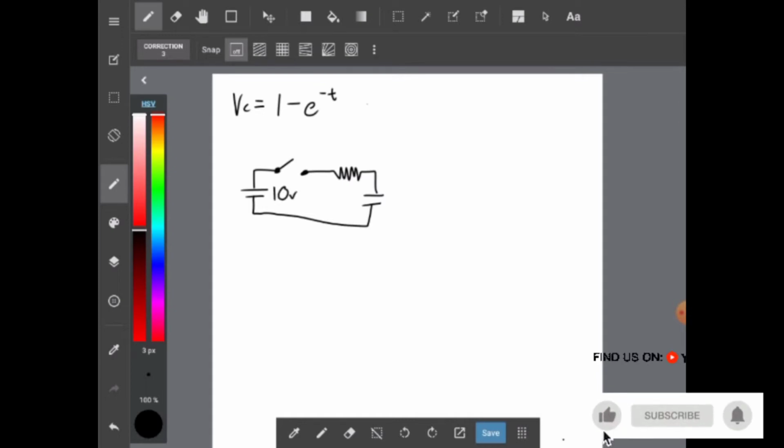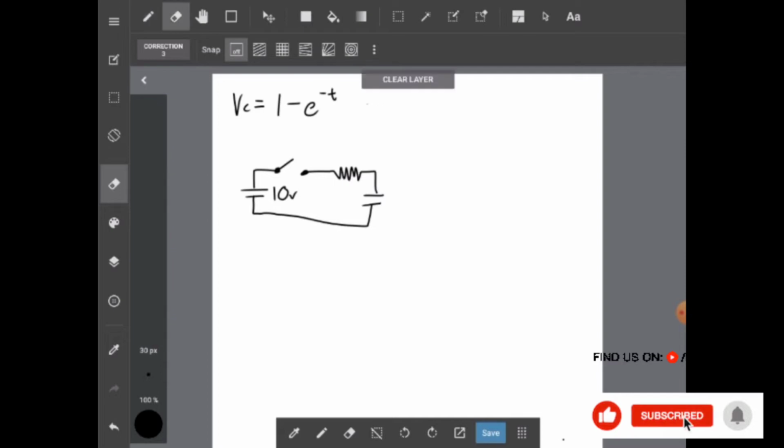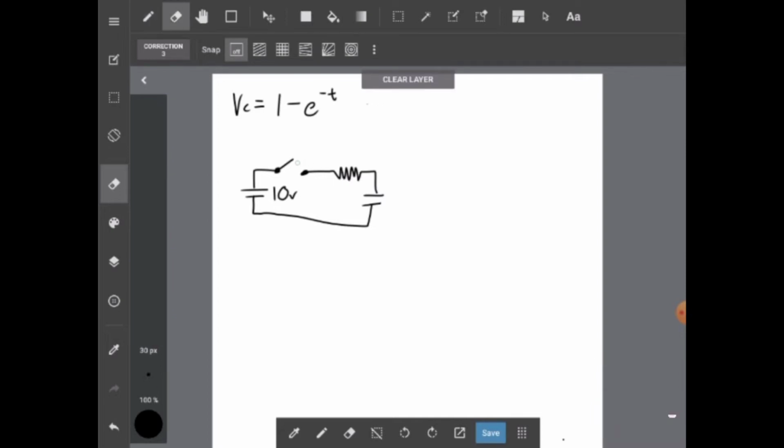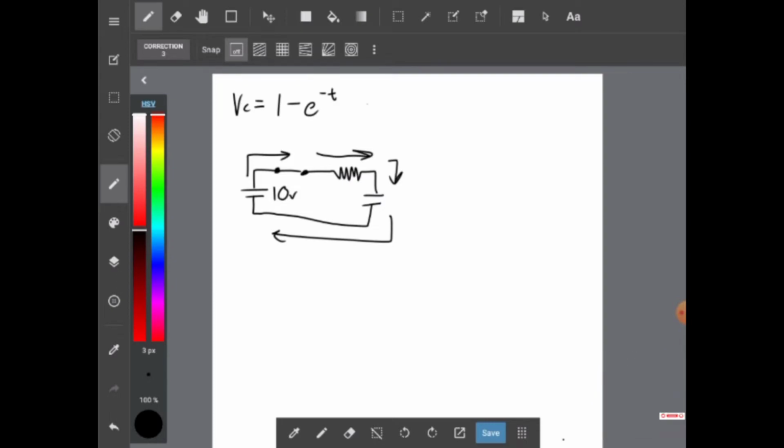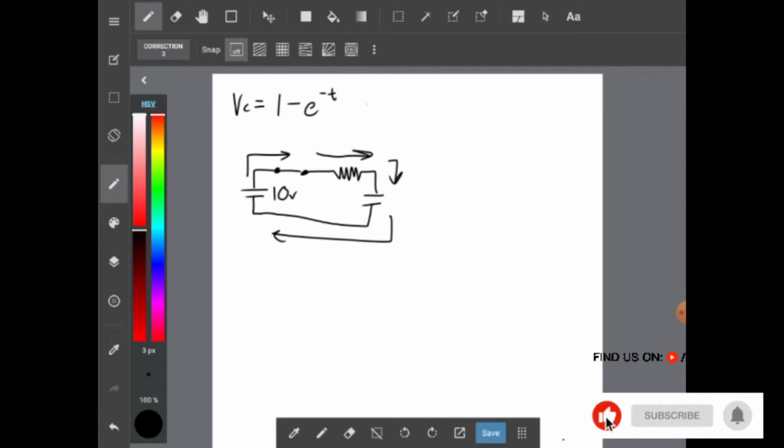Currently, the current isn't flowing because the switch is open, but once the switch is closed, the current will start from the battery in the direction of the resistor, the capacitor, and back. This current causes the capacitor to charge.